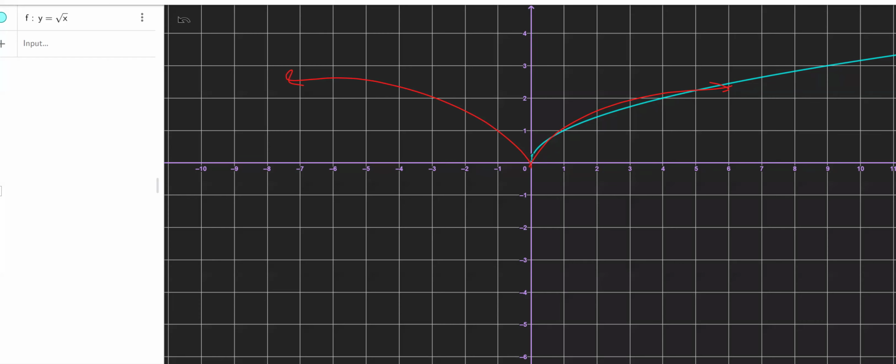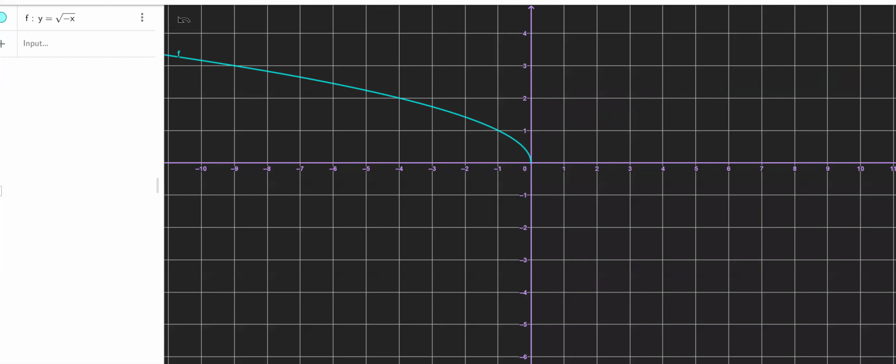What should I change here on the function? If you want to reflect it left, right, you change only the sign of x. So I go to the x that is inside, and I write negative, and look what will happen here. As you see, it is reflected left, right, when you write negative there.